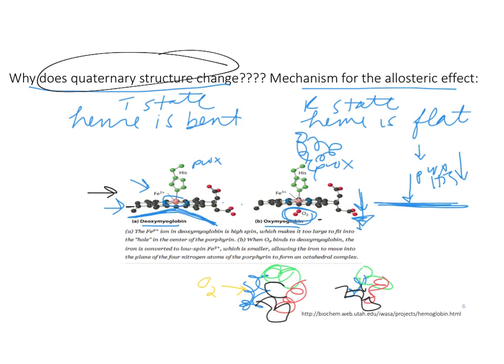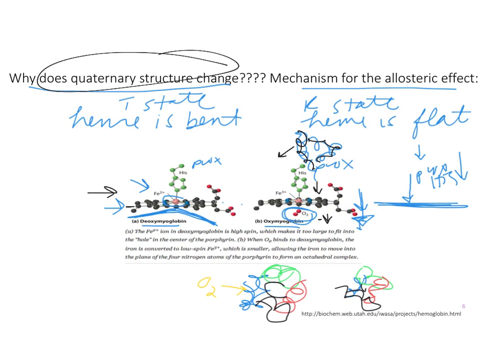Once oxygen binds, it pulls electron density away. That iron comes into the plane of the ring. The iron is then on the other side attached to the proximal histidine, which will also shift down. And the histidine is attached to a helix, which is attached to the rest of the protein. And then that whole helix and that rest of the protein will also shift.